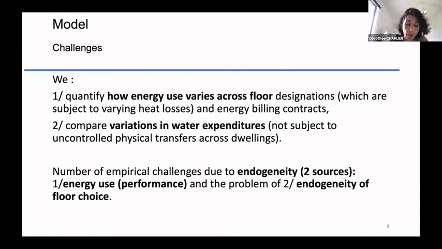I will compare differences in energy expenditures to differences in water expenditures, because for water I do not expect the floor to have an impact, as there are no heat losses.